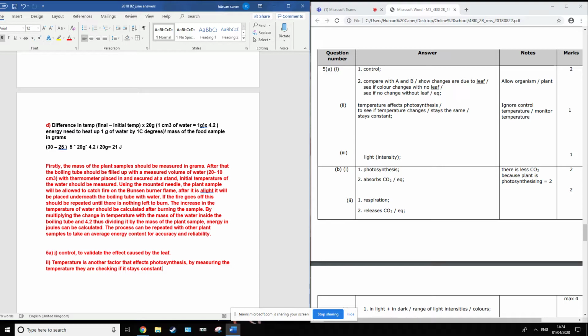You're changing that to see what effect it has on other variables. It will only depend on your choice, for example. So light, yes.